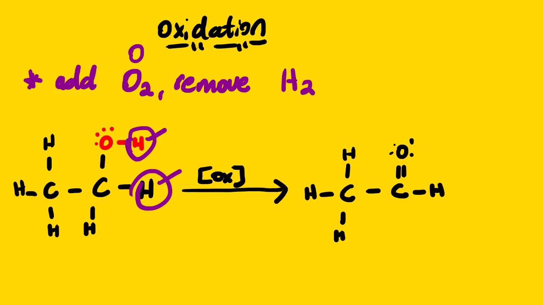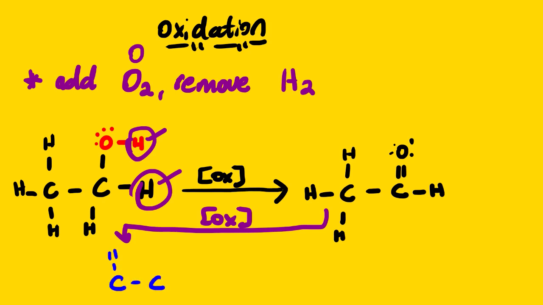We oxidize this further, meaning that we take the aldehyde and oxidize it to form a carboxylic acid. I want you to look at the difference between the two, or what actually transpired in order to get a carboxylic acid.